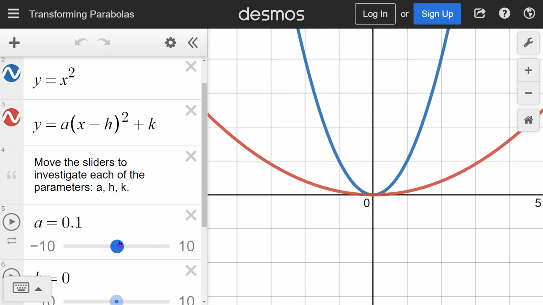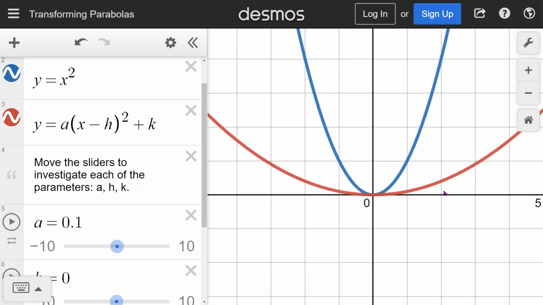The reason that is so, for example, if I am right here at 1, 1 squared is 1. If my a is 0.1, what that means is after I square 1, I'm going to multiply that result by 0.1. And so I'm really 1/10 as high as I should be. That's why it's low and it looks like it is wide.